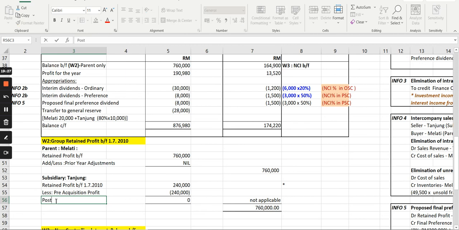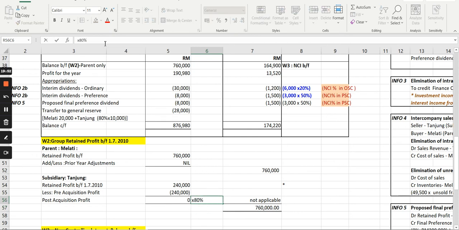Your post-acquisition profit now is 0, so nothing to be shared because whatever figure available on the date of acquisition is all relating to pre-acquisition reserve. So therefore, you have no share. If let's say the share of the parent is 80%, right? You have nothing to share.